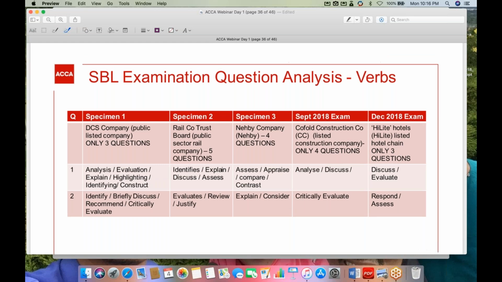So this is the analysis of the verbs that you can find in the questions from specimen 1 until December 2018.